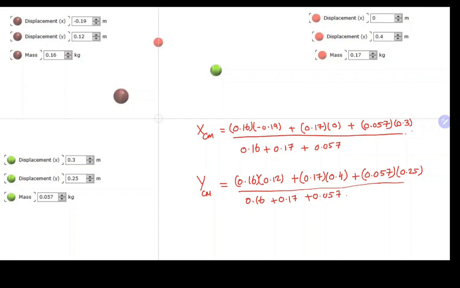And this is the y center of mass position.